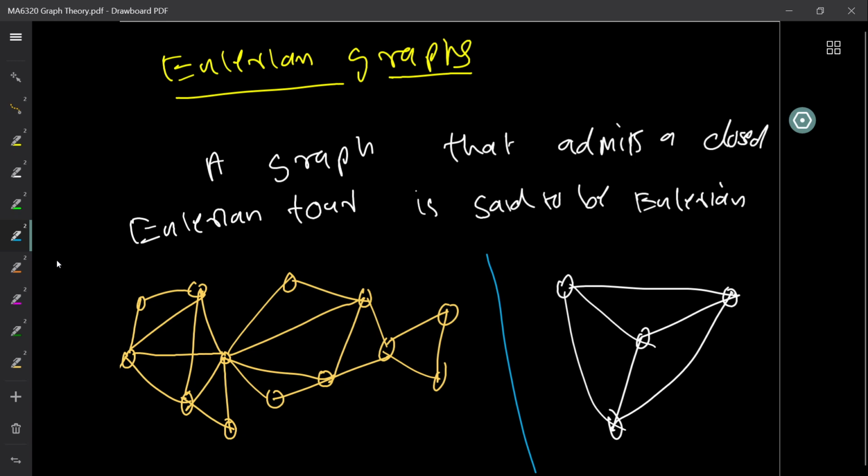If you spend a little time thinking about this, you should be able to come up with a reason why, and this might lead to an interesting observation about when a graph is going to be Eulerian. So I want you to think about this for a few minutes before you proceed further.